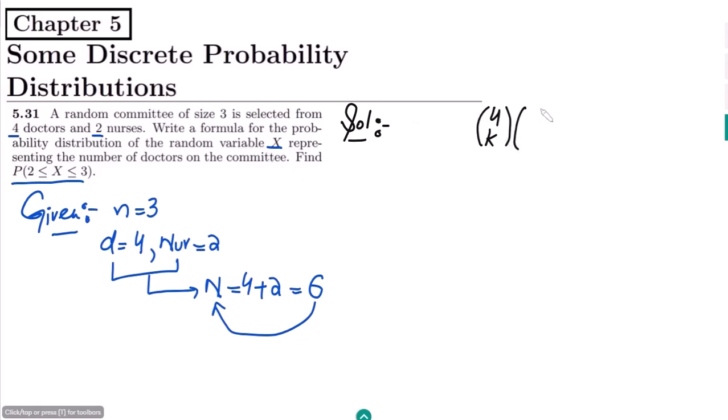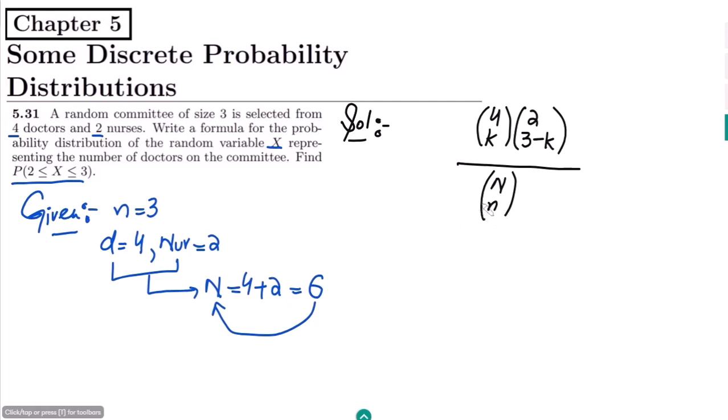Similarly, the number of nurses is 2, so the remaining items will be the total number I want to choose, 3, minus the number of doctors chosen, k. And I have to divide it over the total number of ways, n choose small n.